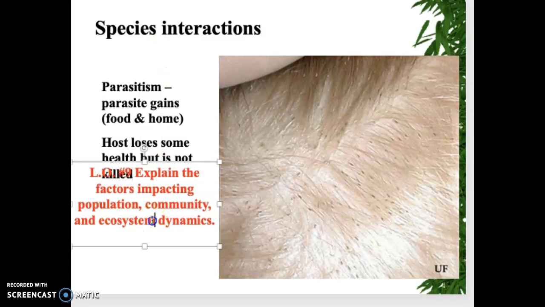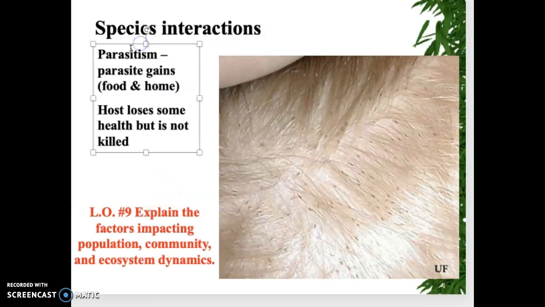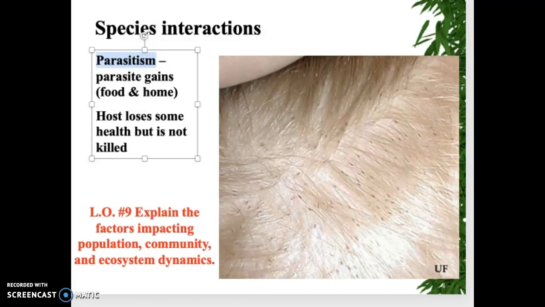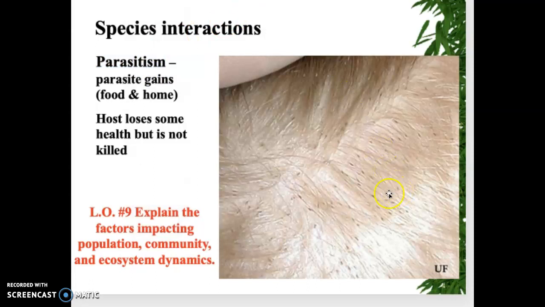The host loses some health but is not killed. So the goal of the parasite is not to kill the host. It's, hey, I just want to use you to reproduce and have a bunch of babies and do my thing, fulfill my ecological niche.